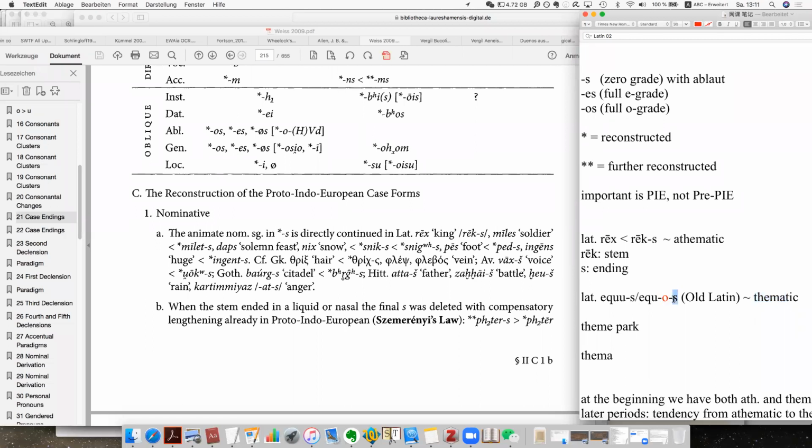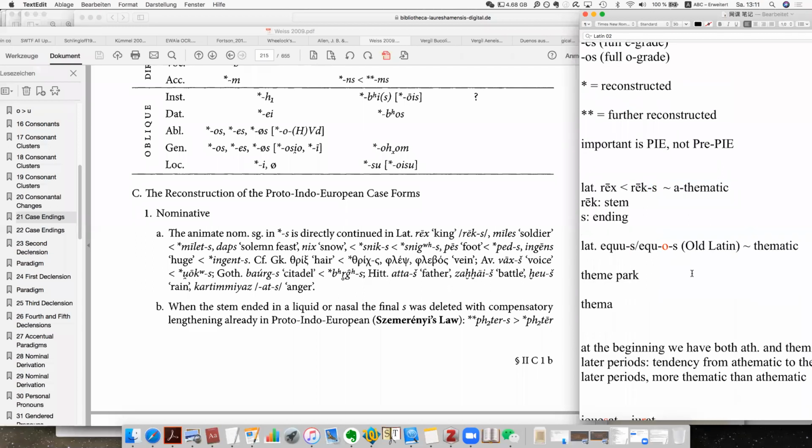Between the ending, S is the ending, and the stem. So thema actually means something put inside. And athematic means you put nothing inside. A is a negation, so it's nothing. So this is the logic.